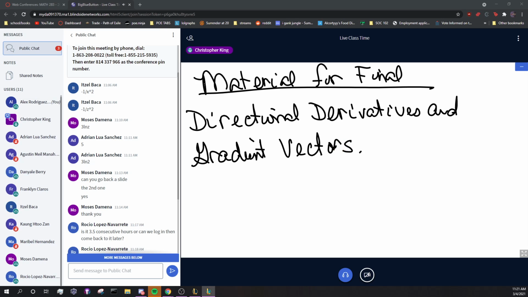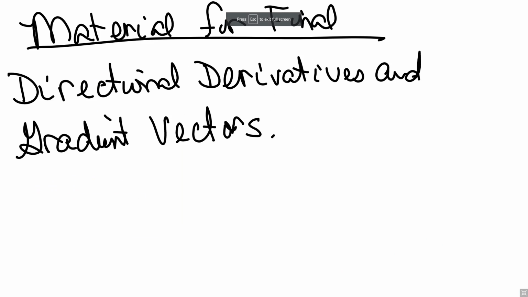So basically what we are looking at as far as a gradient vector is concerned, we're going to be creating a vector, but we are going to be using derivatives to help us with this.